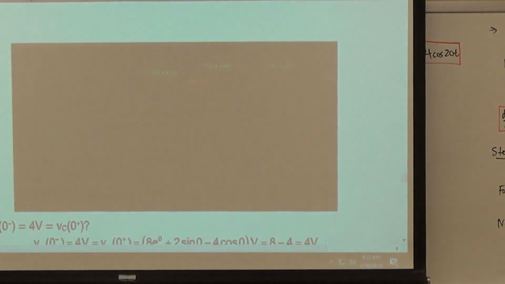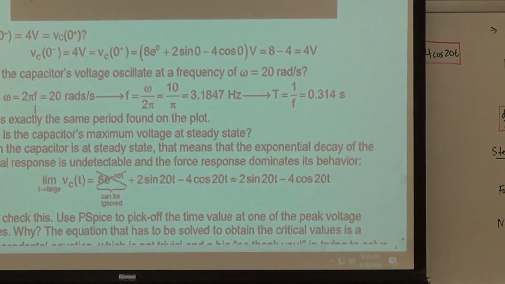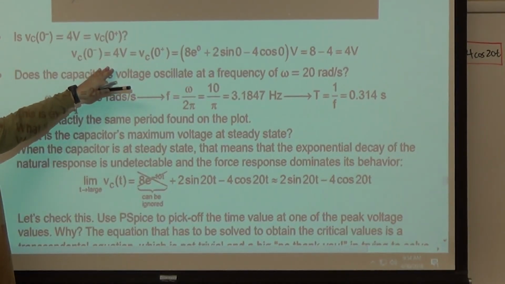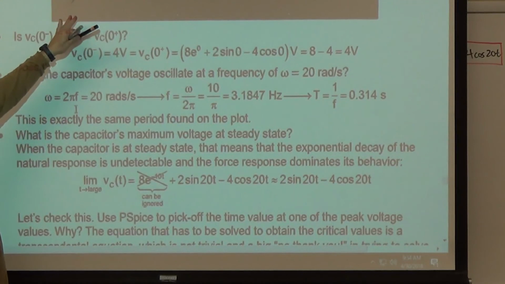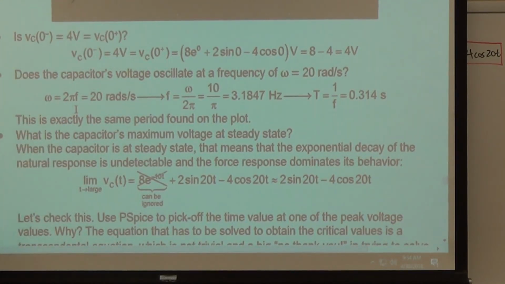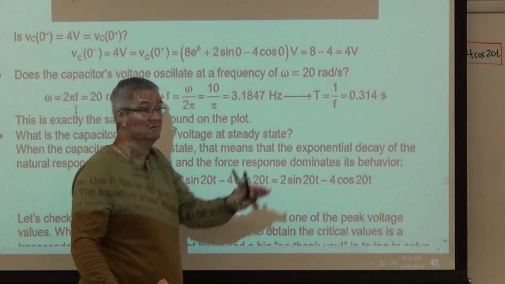Well, what I ended up doing here, you'll see that there's a sinusoidal response. Then I went in and I started to look at the solution. Well, is this the same as 4 volts after? Right? You need continuity. And if I had a better image of my screenshot there, you would have seen that it would have been continuous. So if I calculate this, I get 4 volts.